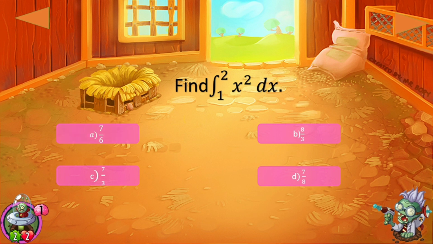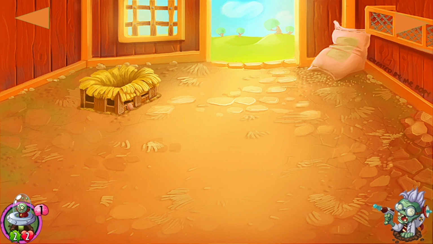So how did we get this answer? Let's find out. The integration of x squared dx, having 2 as the upper limit and 1 as the lower limit. Now, the integration of x squared will be x cubed over 3.